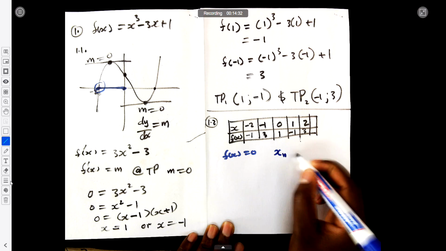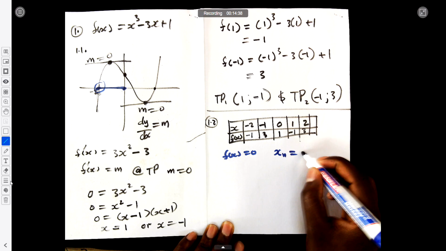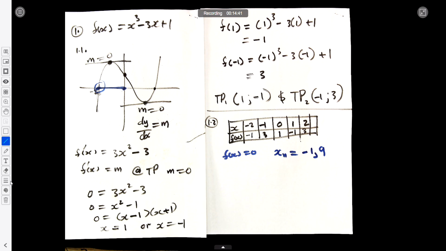They say that the negative root of the equation f of x is approximately negative 1.9. So we need to use Newton's method once to find a better approximation of this root, rounded off to 3 decimal places.